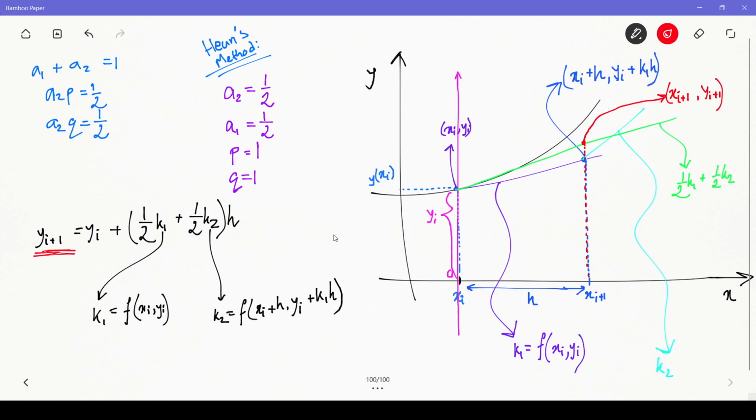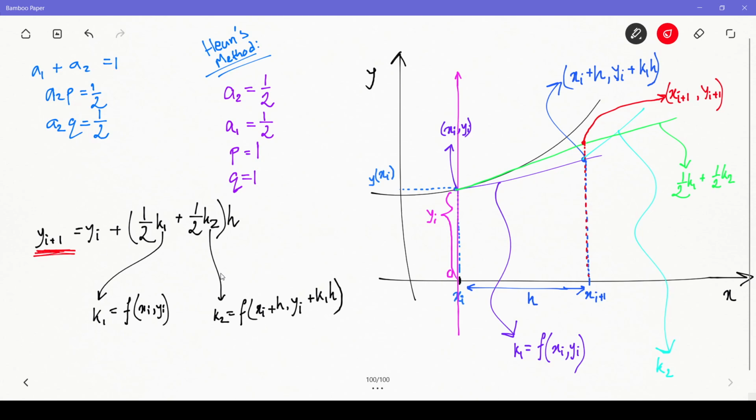So we say that whatever values of slope that we get for k1 and k2, we'll take the average of them. That will be the slope of my new straight line. So this whole thing is the slope of the new straight line. We have our x value as h. So this whole disparity is h if you consider the initial point as being coincident on the origin, and take the average slope straight line, and whatever the point of intersection that we come up with between this new straight line and the x sub i plus 1 point, that will be our y sub i plus 1 approximation.